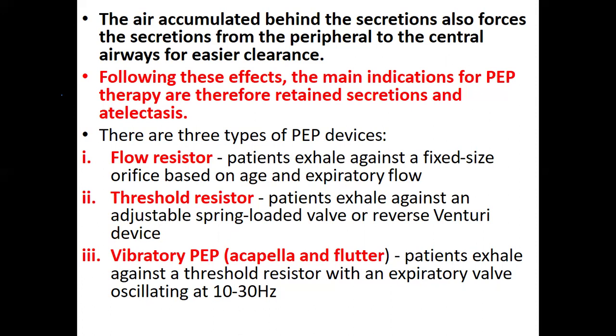The same applies to vibratory PEP, which could be either the instrument referred to as the Acapella or the Flutter. Patients exhale against a threshold resistor with an expiratory valve oscillating at about 10 to 30 hertz. So these are the main types of PEP.